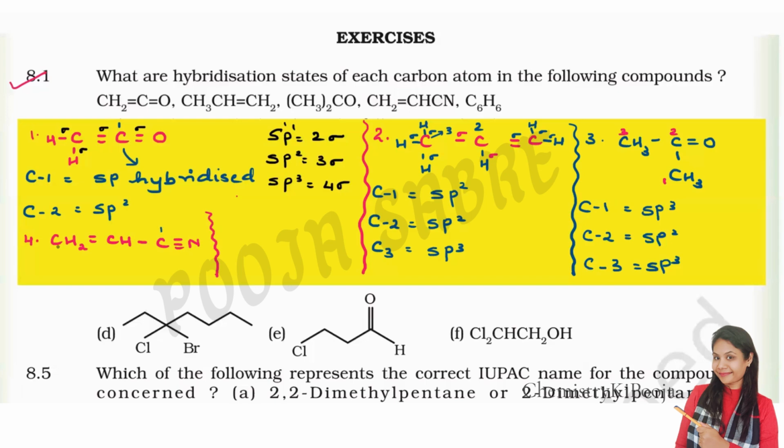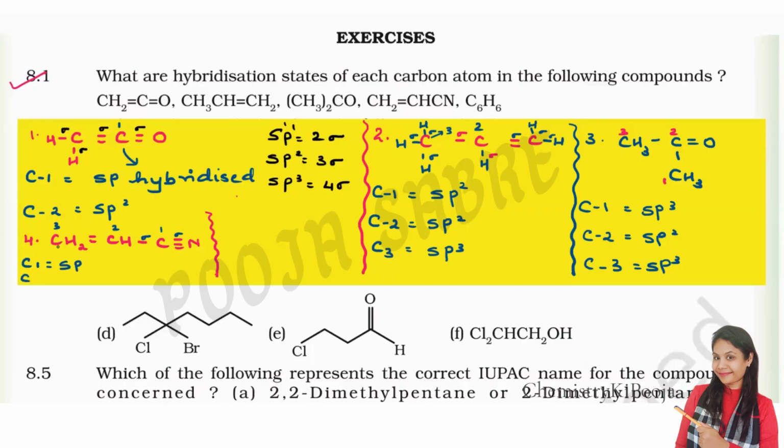Let me number it: this is 1, 2 and 3. C1 has a triple bond on one side and a single bond on the other side, that means a total of 2 sigma bonds are present. In the triple bond there is one sigma bond, and on the left hand side there is one sigma bond. So 2 sigma bonds means it is sp.